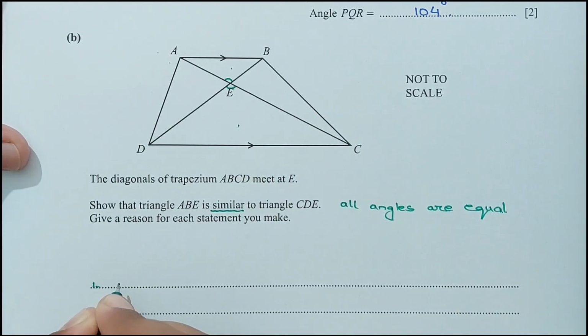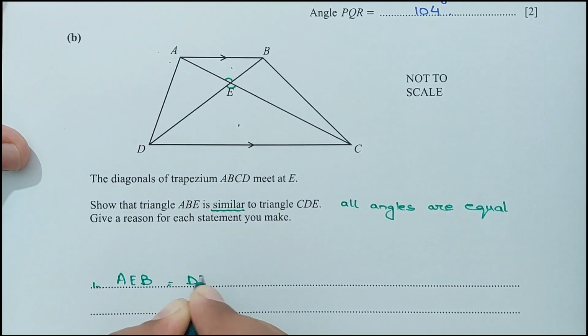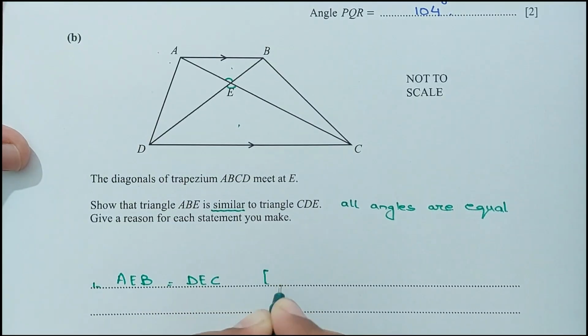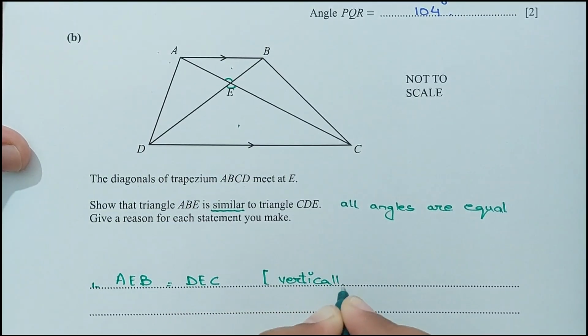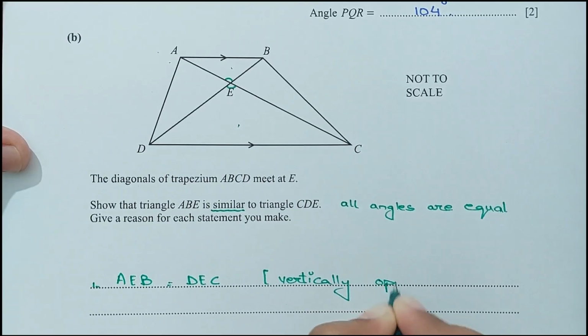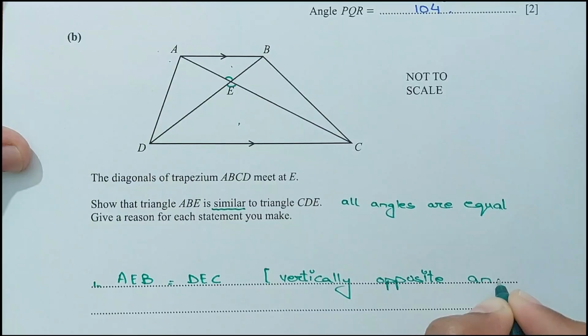So the first statement I'm going to make is, we can say AEB is equal to DEC, and the reason is vertically opposite angles are equal.